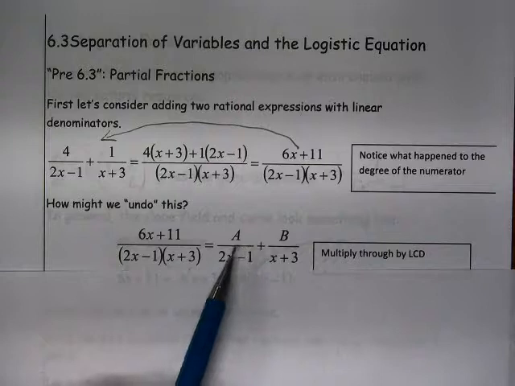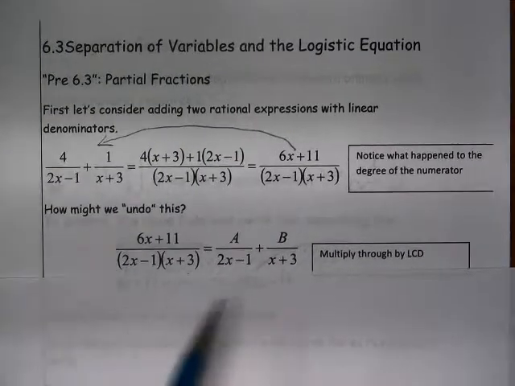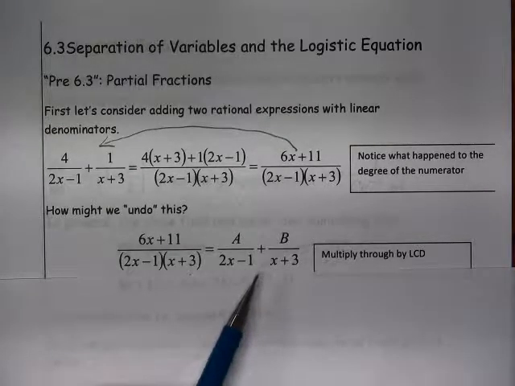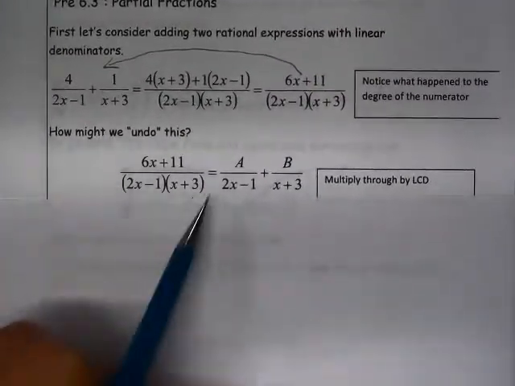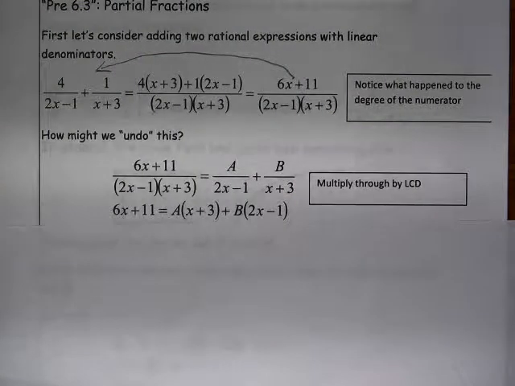So we're going to call those constants a and b. So we're going to break up that denominator into its two linear factors, and we're going to create a sum in between those, and we're going to say, okay, well, if we do this, then what would a and what would b be? Right? And then we're going to multiply through by the lowest common denominator.